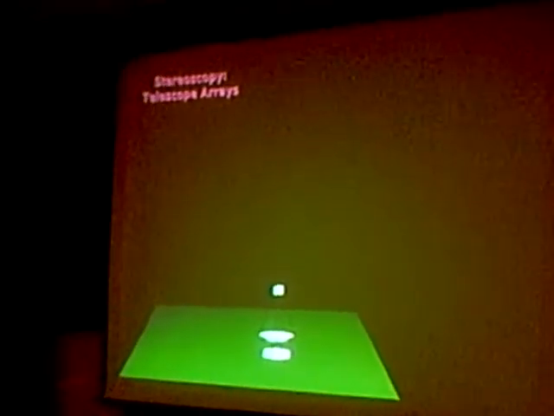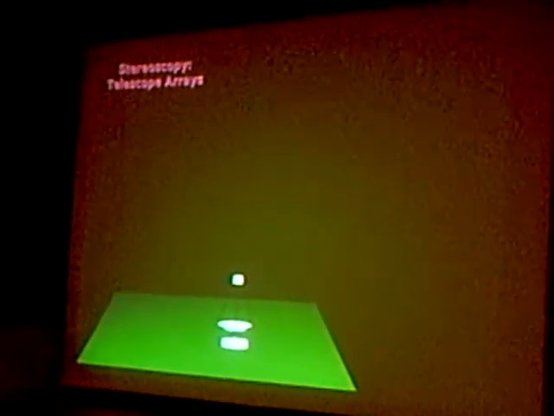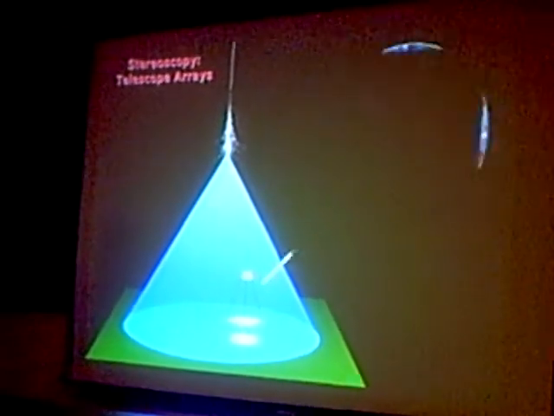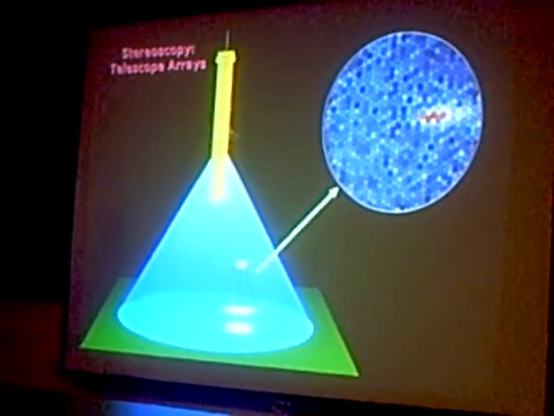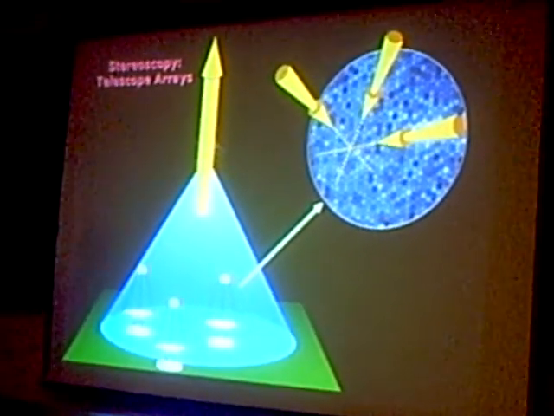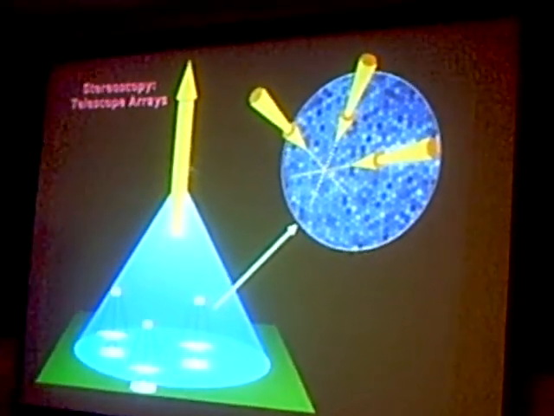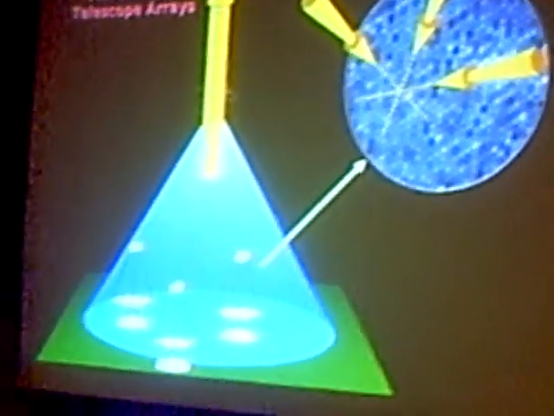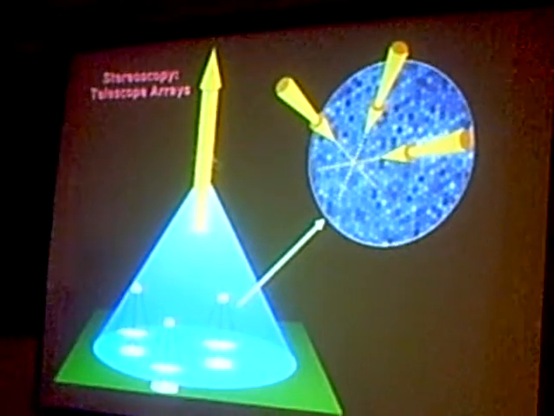More is better. So we go into stereoscopy, or telescope arrays. So you've got your Cherenkov pool, which we've done before. Now you have more telescopes, and so you get a better reconstruction of the arrival direction, or the impact parameter, as we call it.